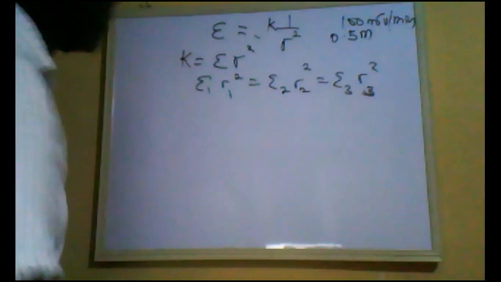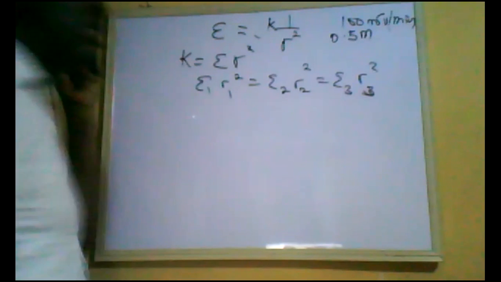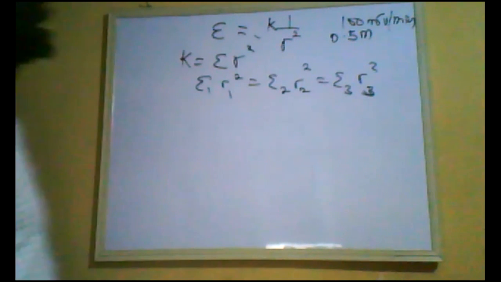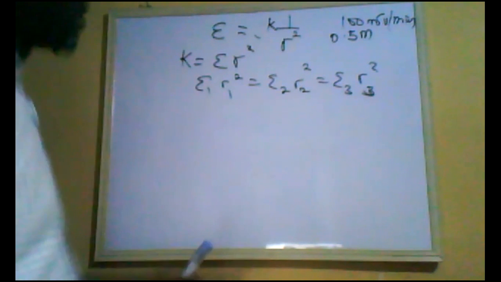What we know is 100 millisievert per minute at 1 meter from the center of the patient, the scattered radiation. I think the scattered radiation is what they asked.